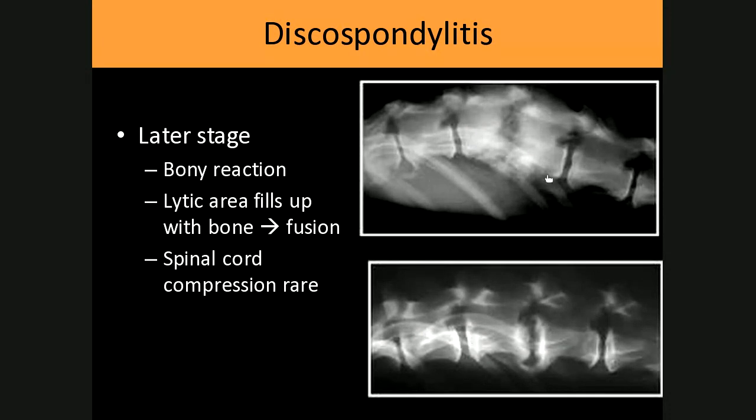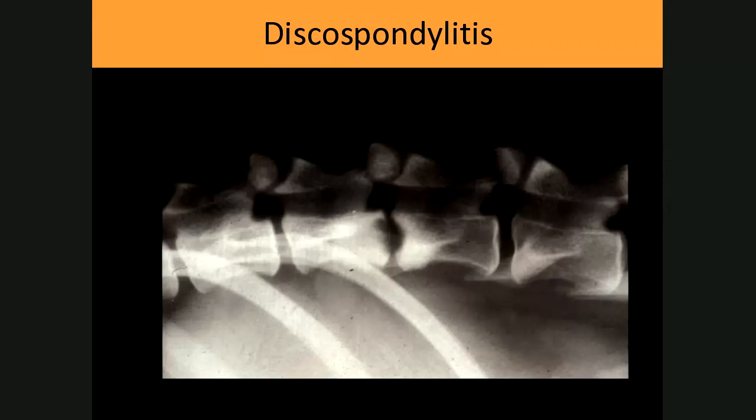So in the image at the top here, one can see a lot of fluffy new bone that's almost starting to bridge the intervertebral disc space with spondylosis ventrally. And in this image here as well, there's quite marked end plate sclerosis and spondylosis already forming. So this has been going for quite a while.